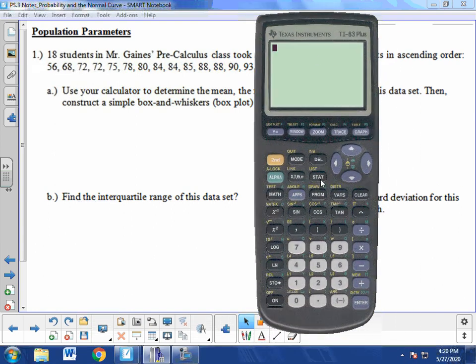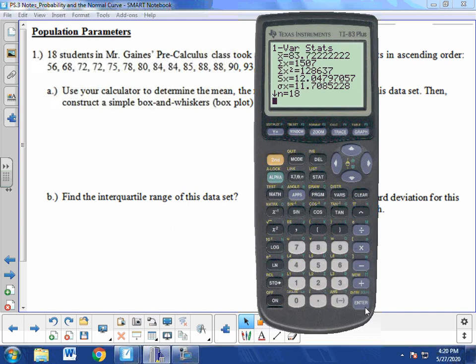To do that, you're going to hit the stat key again, and then go over to the second option in the menu, calculate. The first option underneath the calculate menu is one variable statistics. We're going to select one variable statistics, and then hit enter.